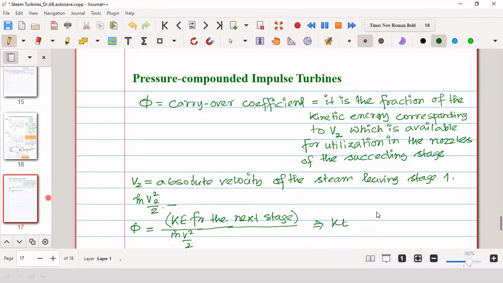So kinetic energy for the next stage is equal to phi multiplied by m dot V2 square by 2.